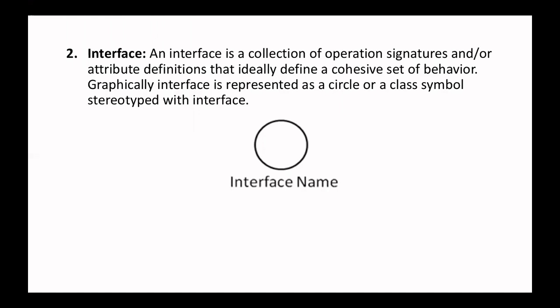An interface might represent the complete behavior of a class or component, or only a part of that behavior. Graphically, it is represented as a circle or a class symbol typed with interface.